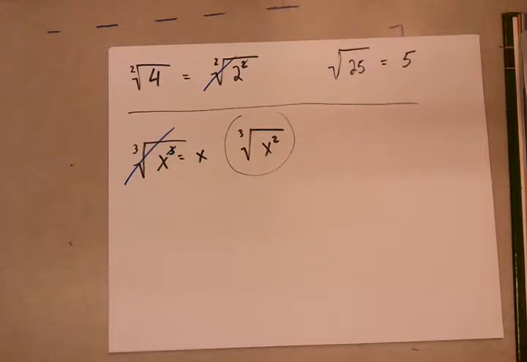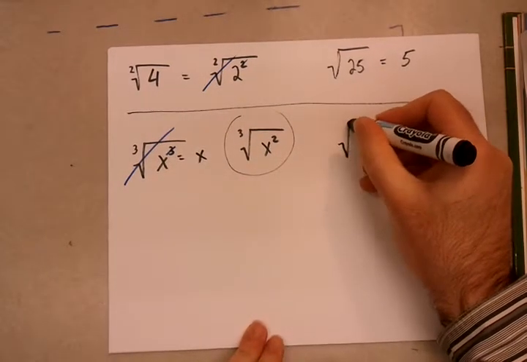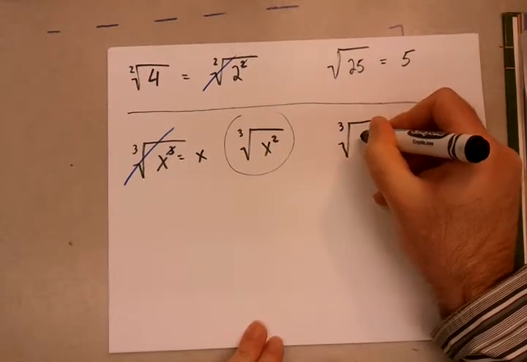Another example, if I take the simplest numerical perfect cube, so to speak, that's not a 1, it's going to be 2 times 2 times 2, which is an 8. So I can take the cube root of 8.